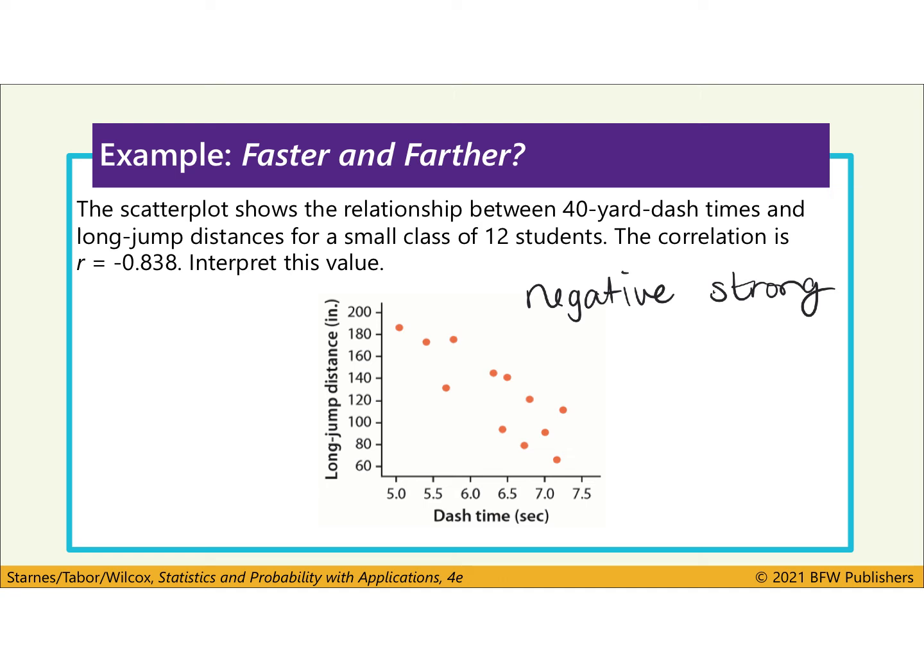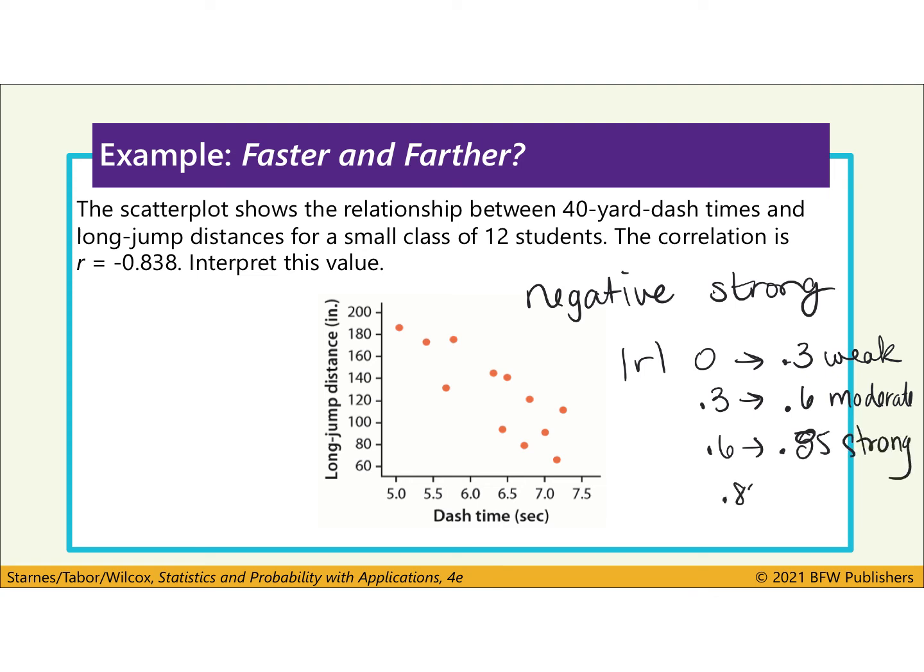Okay, let's say if the absolute value of r is from 0 to 0.3, we're going to say weak. If it's greater than 0.3 to 0.6, we're going to say moderate. Let's say 0.6 to 0.85, we're going to call strong.